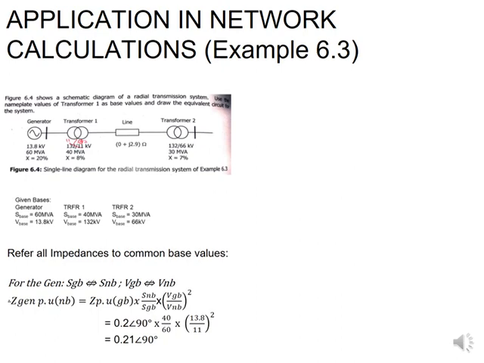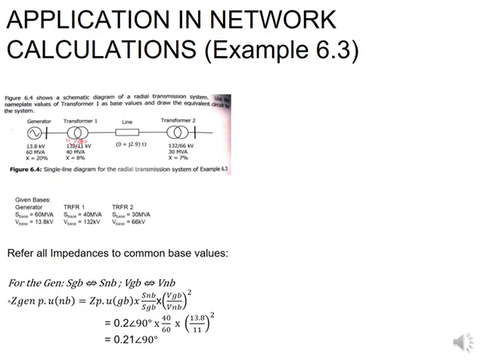And I've just summarized what I've said here, that the first thing is that even your S given base and your S new base are not the same. Your S new base, they had said that you must utilize transformer 1 as your base values. So transformer 1 S base is 40 MVA and our generator is 60. So you can see they're not the same.